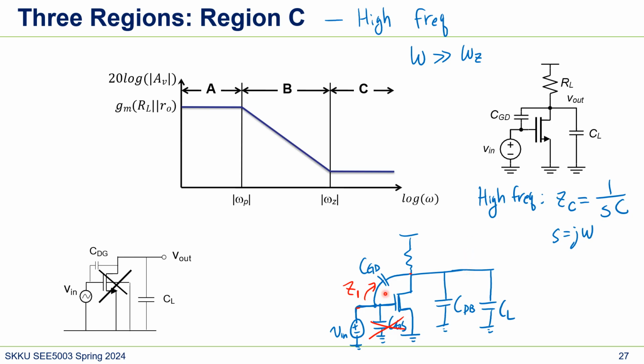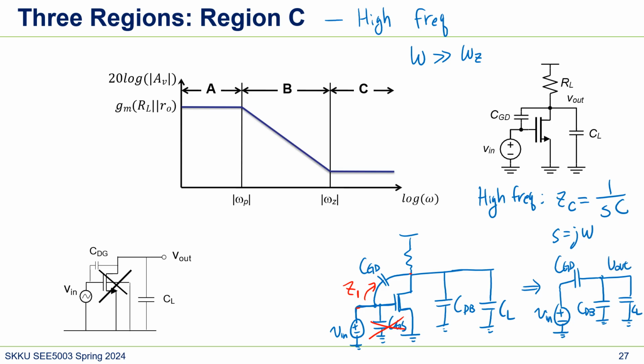So it looks like a capacitor divider, with CGD, CDB, CL, and VL.